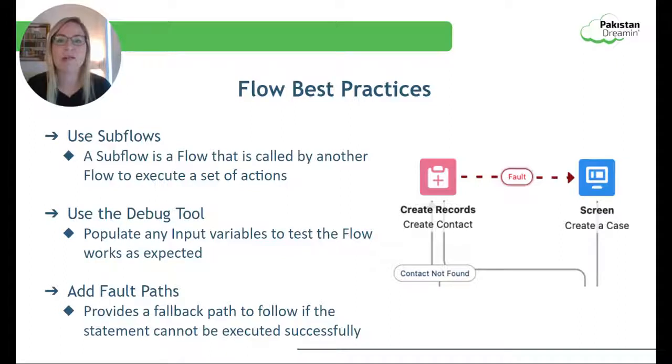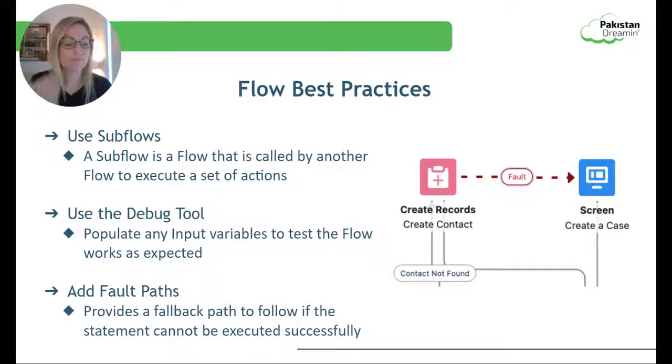Let's say that when a record meets certain criteria, you want to email a certain contact. Now, if that contact didn't have an email address, then the flow cannot execute the action. It can't send an email if it doesn't have an email address in the email address field.